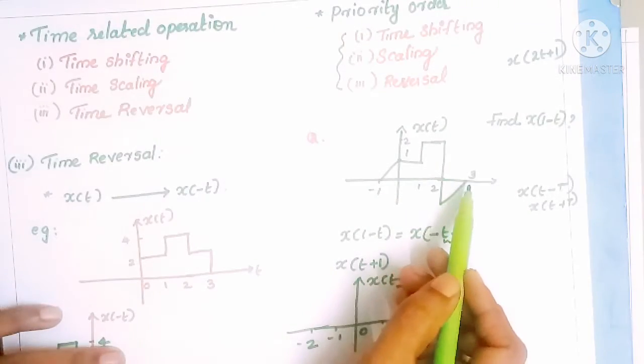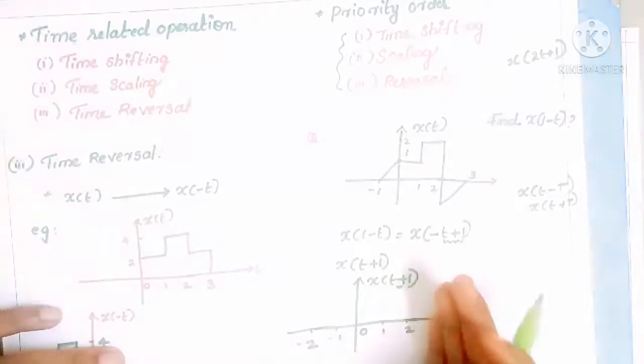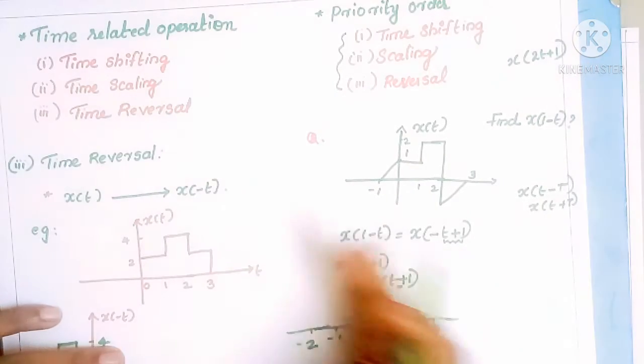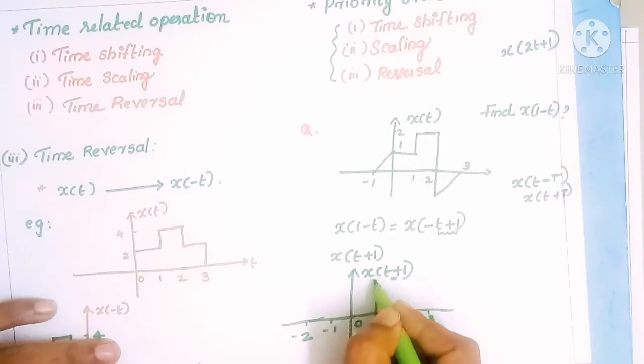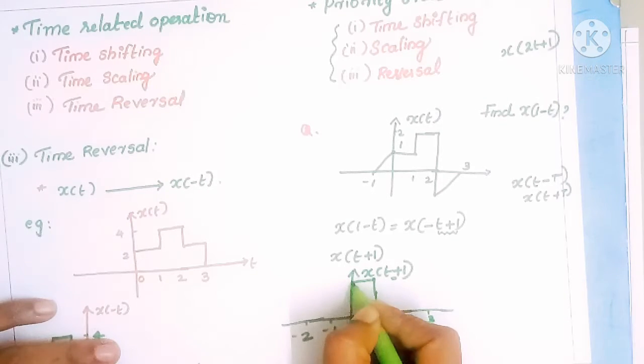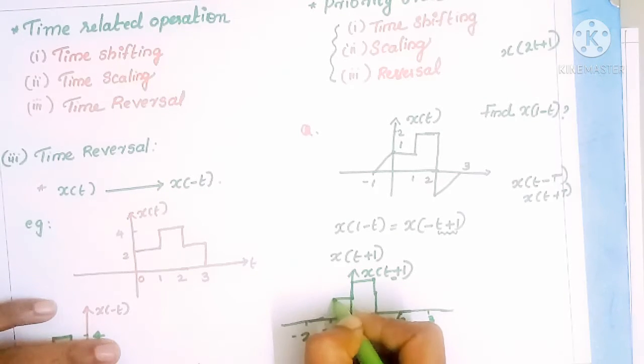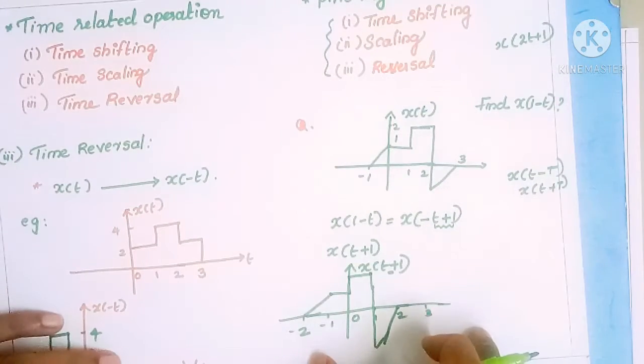Here the signal started from 3. Here we need to shift one position to the left side, so it should start from 2. This is our time shifted signal. So here we shifted one position to the left side.